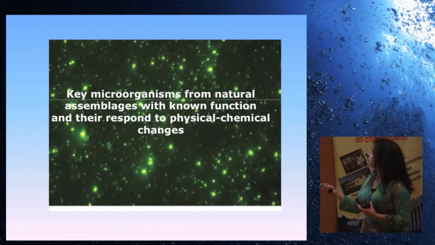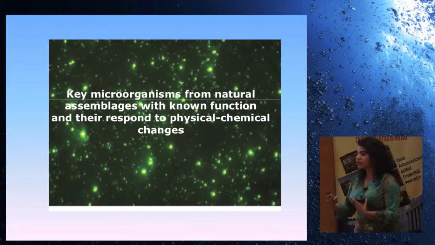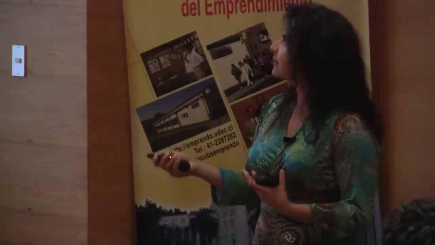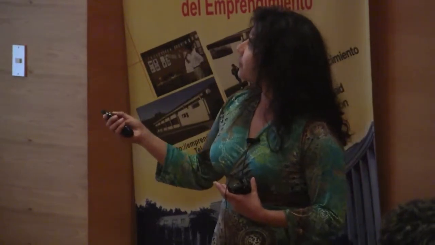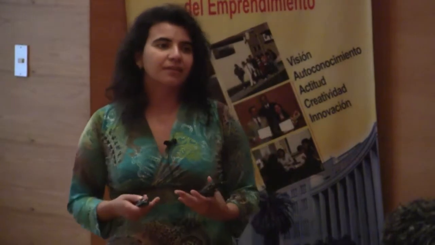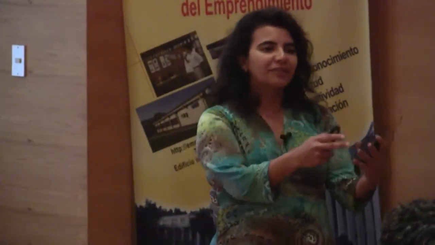And so, to look at this from natural communities, and how to study natural communities, their rates, their efficiency, their activities, and in response to physical and chemical changes, and of course in the perspective of all the changes that we are making and the anthropogenic effects.